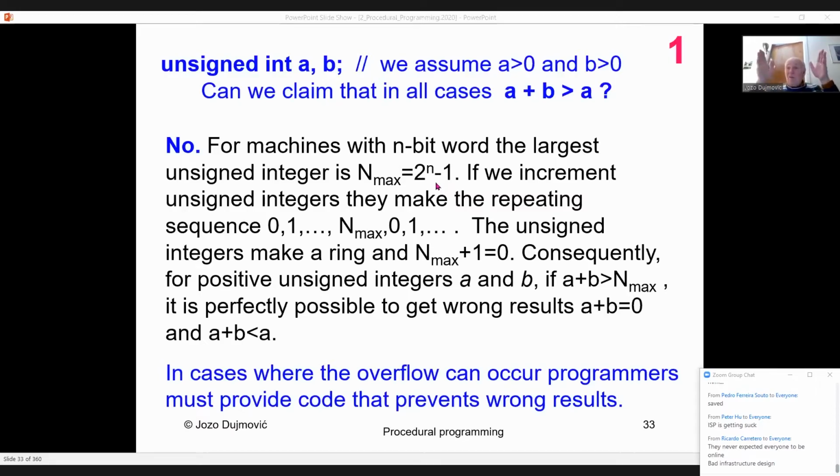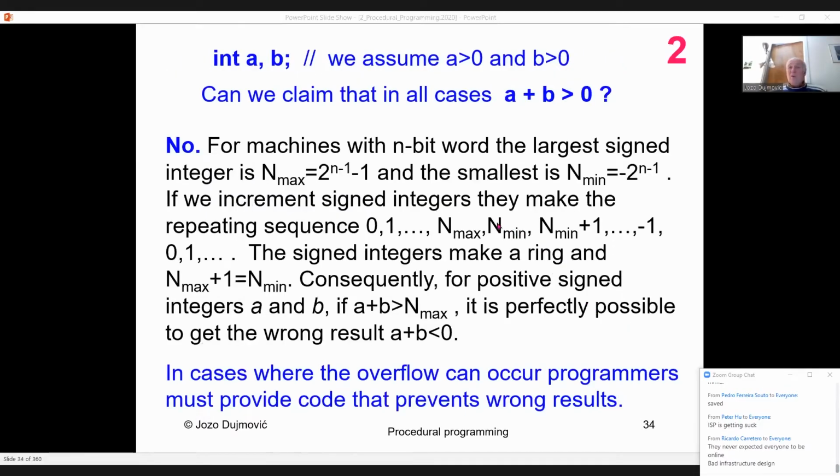We discussed a minute ago that if you have these 11 bits, the largest value is 2 to 11 minus 1 for unsigned integer, for signed integer 2 to 10 minus 1. Therefore, above this value, you are going to get the result that is less than A. So the answer is no. In cases where overflow can occur, you must provide code that prevents these wrong results.